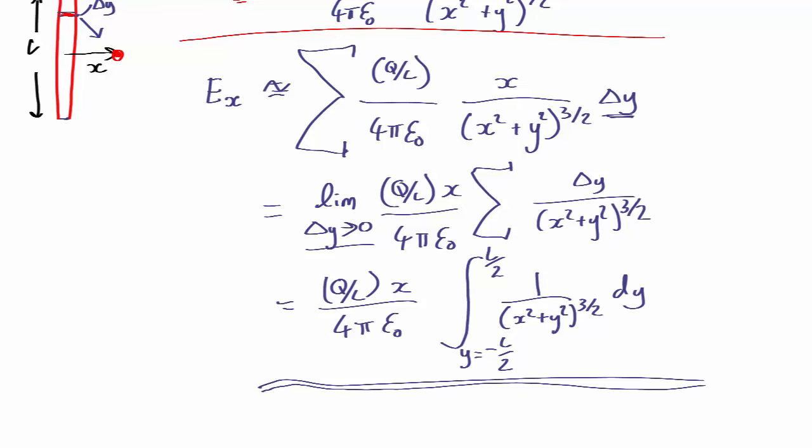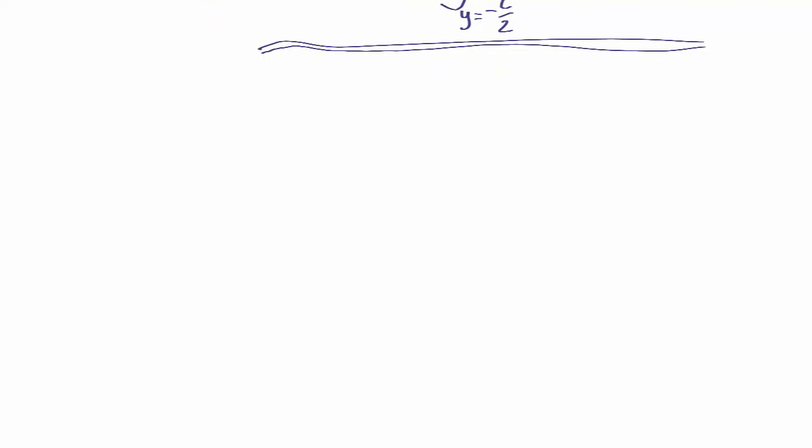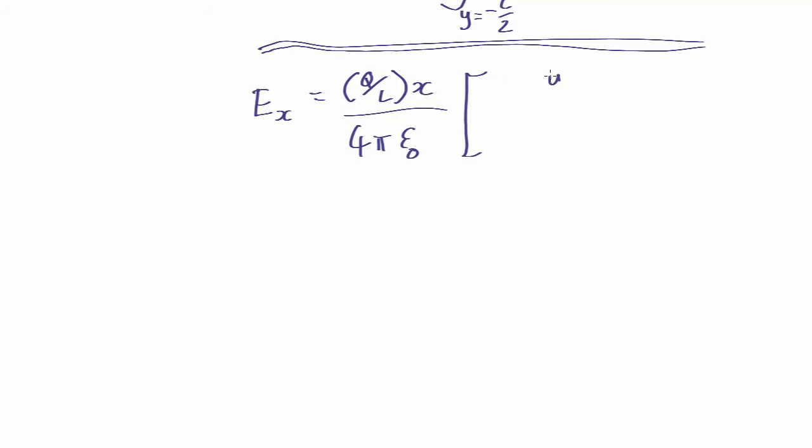Okay, so that's an integral we can do. It's actually a fairly hard integral, but you can look it up in tables of integrals or do it using Wolfram Alpha or something like that. And it turns out that the Ex component comes out as y over x squared root x squared plus y squared, between L over 2 and minus L over 2.